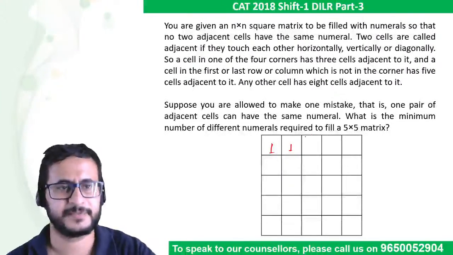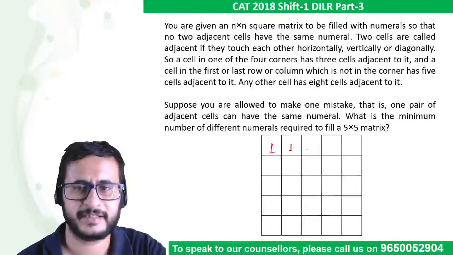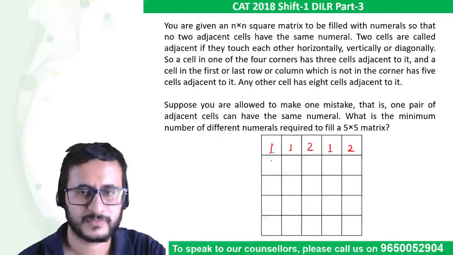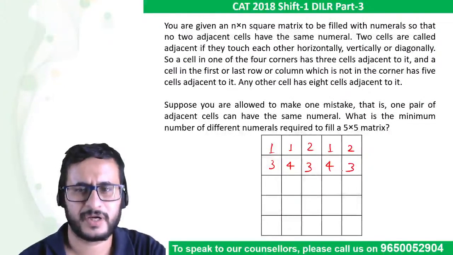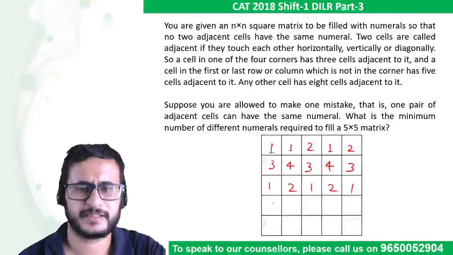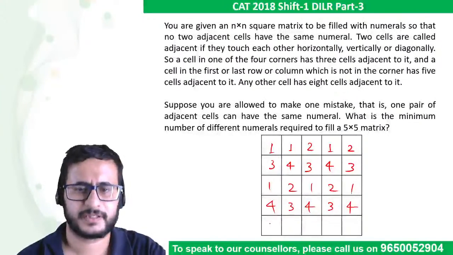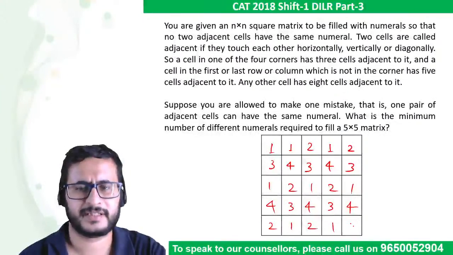Okay, so if I made this mistake, let me see how many I need. 2, 1, 2. Now I cannot have others as this. Right, so I made one mistake. I can just fill it like this, like 2, 1, 2, 1, 2, anything.